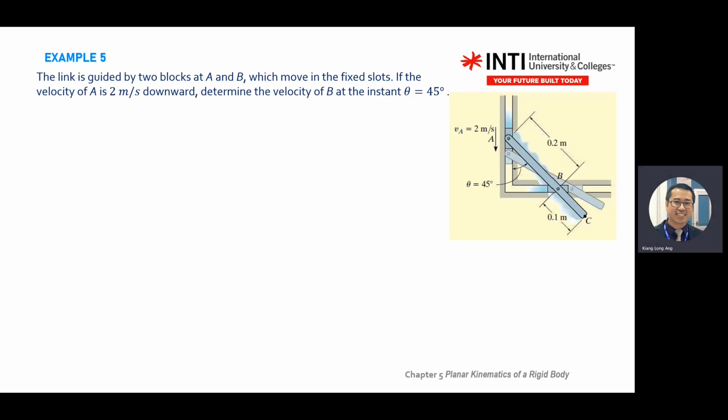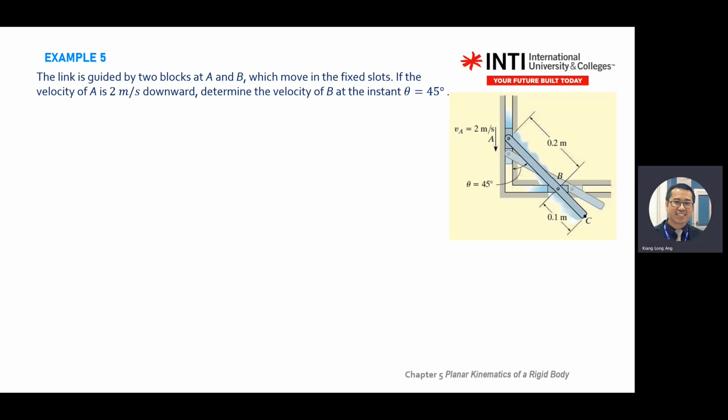And the body, how does the body move? How does the rigid body move? Just now I asked about a point. Now I ask about a rigid body. For a rigid body, you are concerned about angular motion. So what is the angular velocity direction?